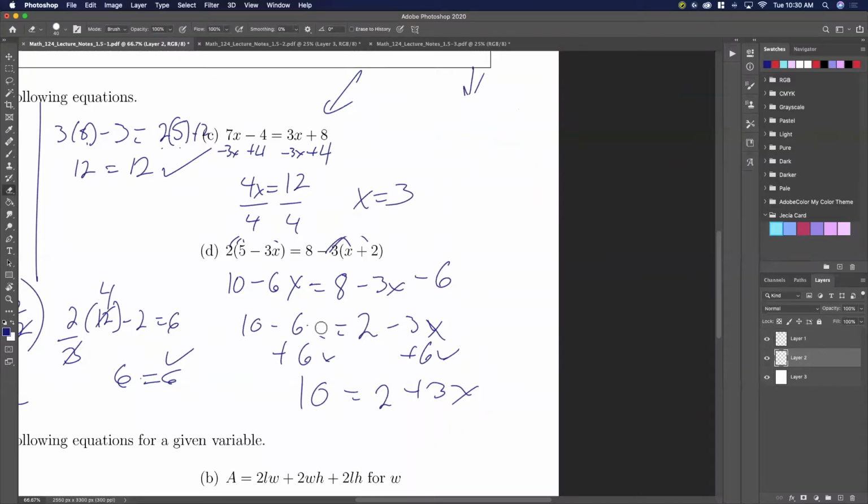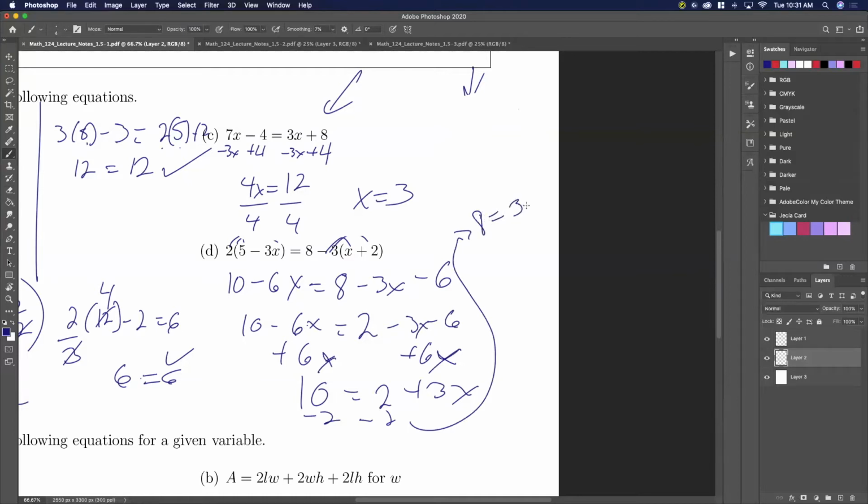Here, I distribute. We're going to keep this clean, so this will be 6x minus 6. I'm adding 6x to both sides. There we go. We get to this point. We're going to minus 2 from both sides. We're going to move this up here. So I'll get 8 equals 3x.